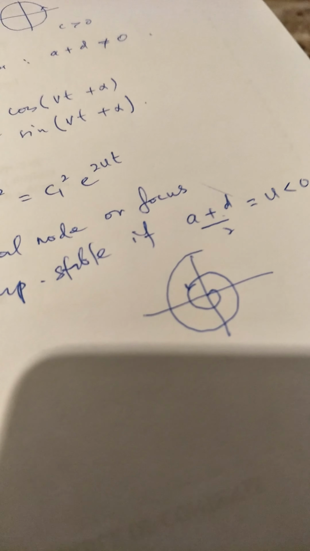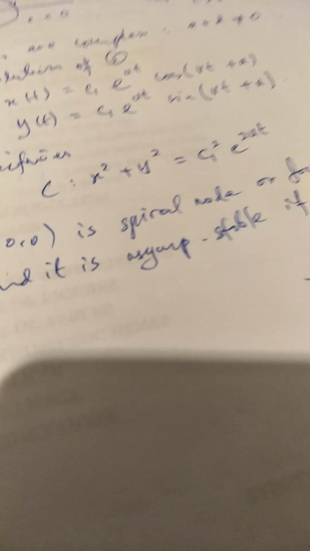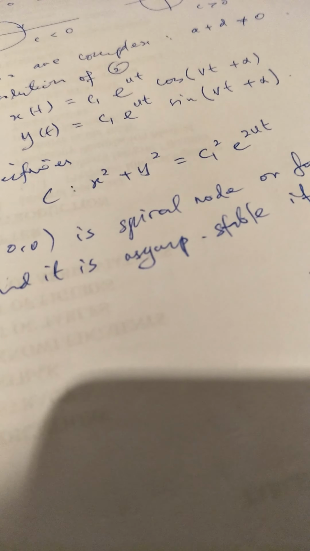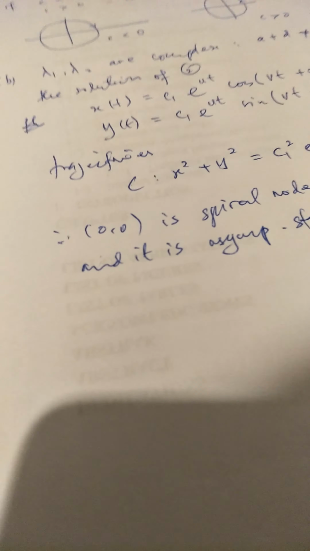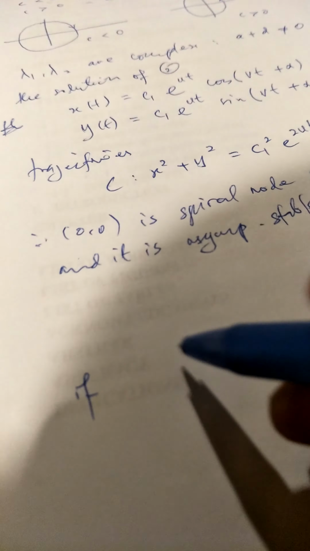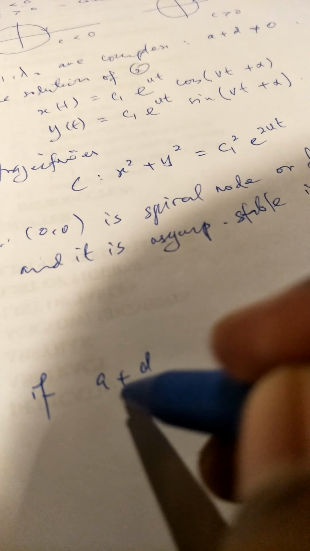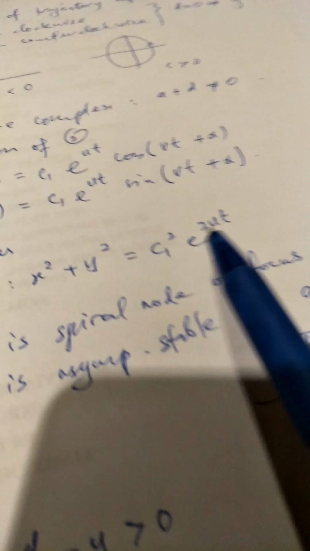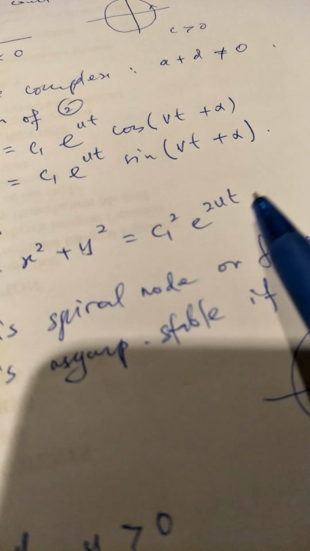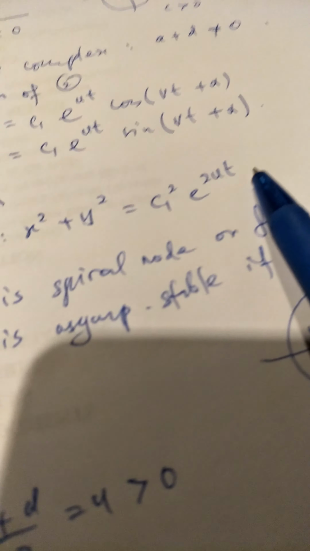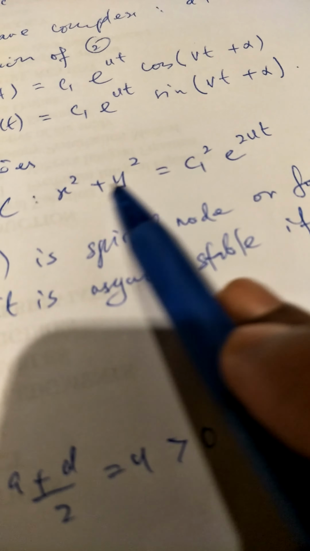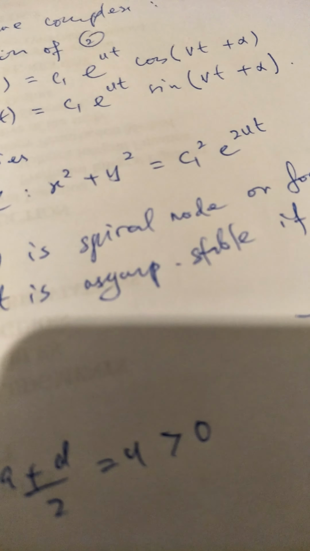Okay, so the other way, if (a + d)/2, which is u, is positive, what happens here? When t goes to infinity, that part goes to infinity, so x squared plus y squared also gets bigger and bigger, meaning it goes to infinity.